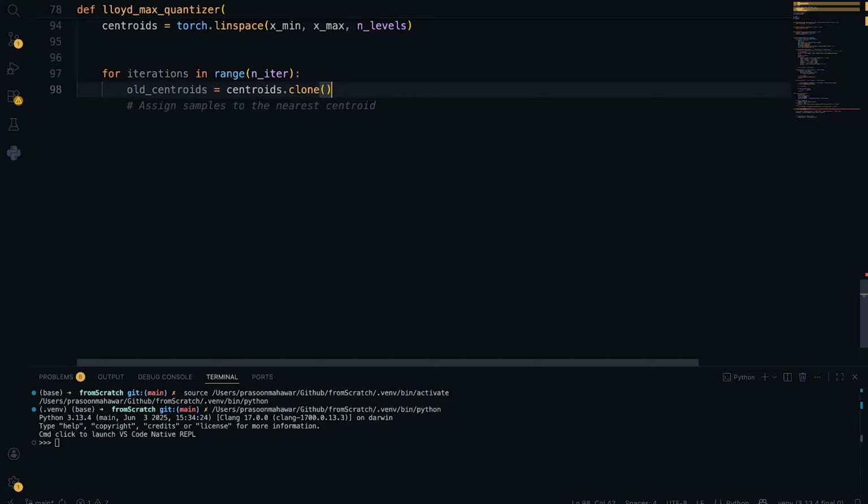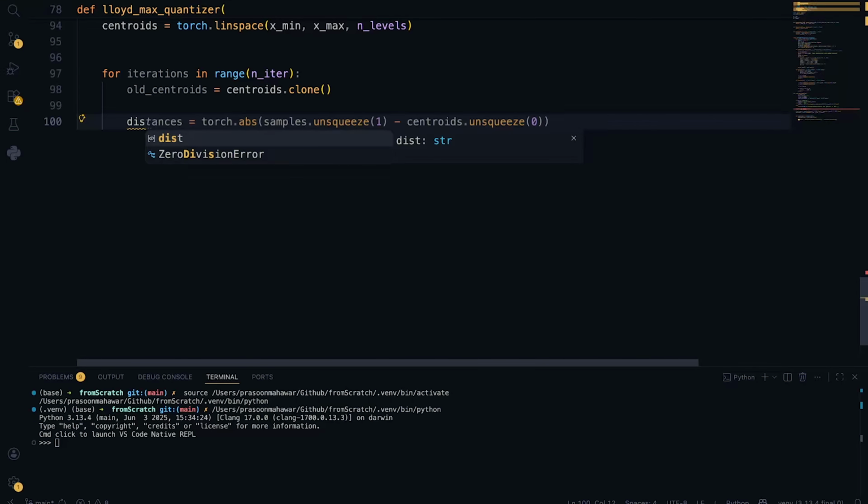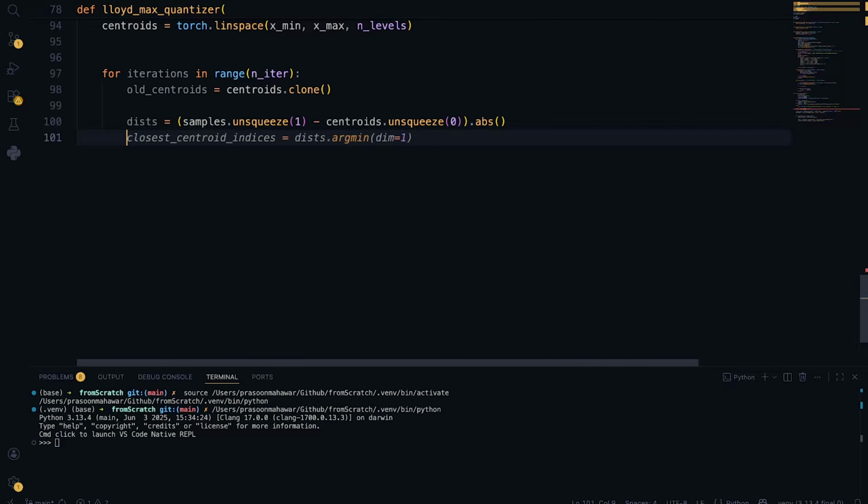Then step 1 is assign each sample to nearest centroid. So this will be dist equals samples dot unsqueeze minus centroid. Yeah, this is correct, and the absolute value of that. And assignments equals dist dot argmin with dimension 1.